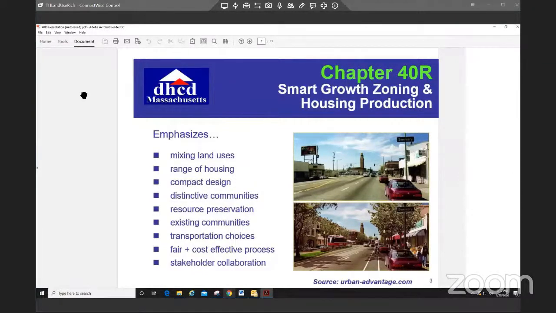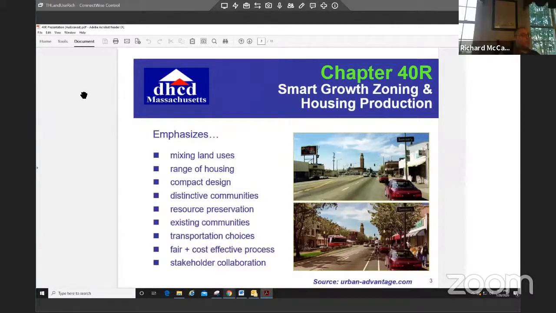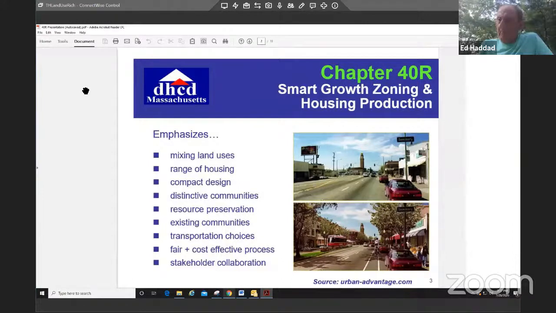Sure. As you mentioned, some of the points we touched on through this planning exercise so far: one of the appeals of the 40R is the ability for the town to adopt design guidelines that would be incorporated with the 40R district.